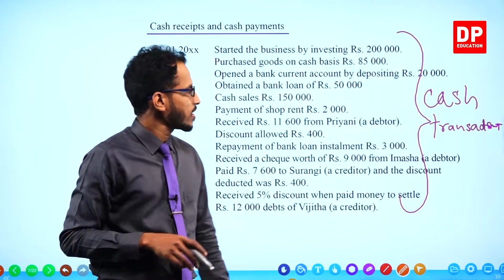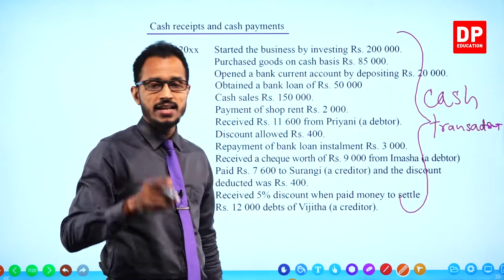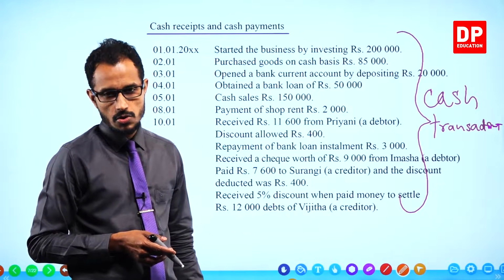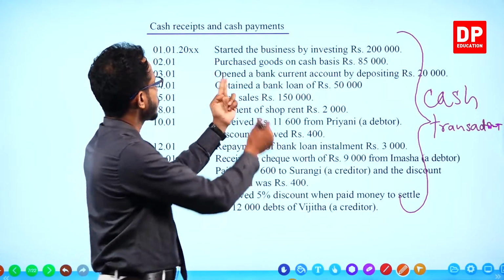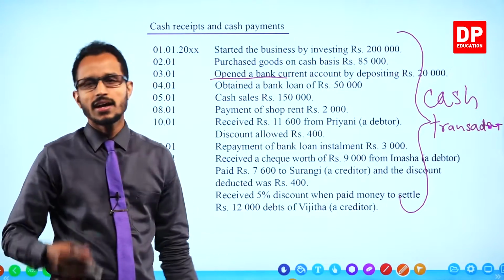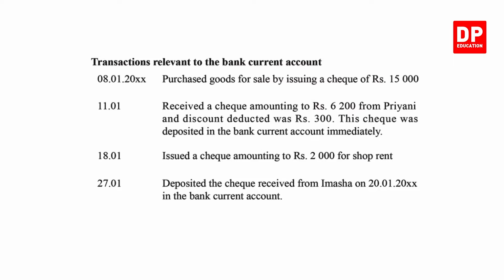Simple facts. Which means they should be recorded in the cash book and bank book. Cash book and bank book. See, bank account. Having that in mind, we'll move on.